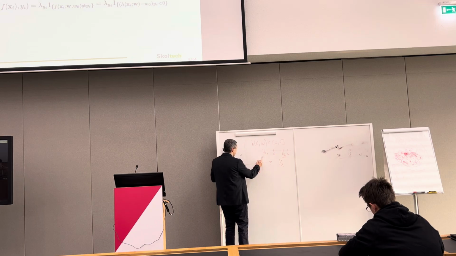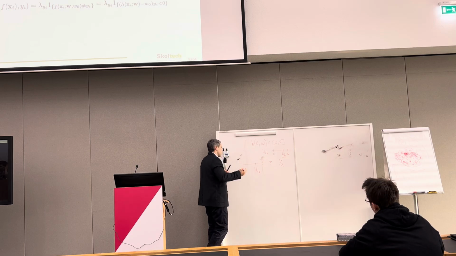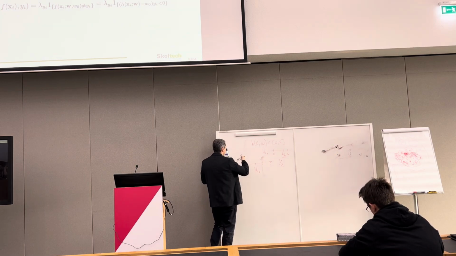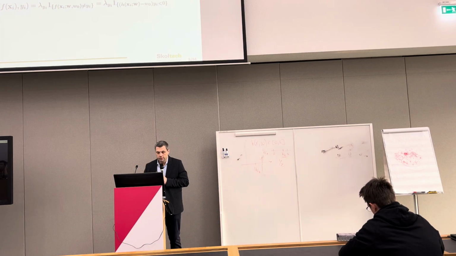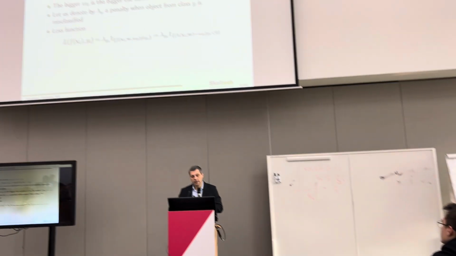If the score value is higher than w0, then with high probability the object belongs to the positive class. If not, then with high probability it belongs to the negative class. In other words, the final prediction of the classifier is either plus 1 or minus 1, depending on whether this value is higher than w0.